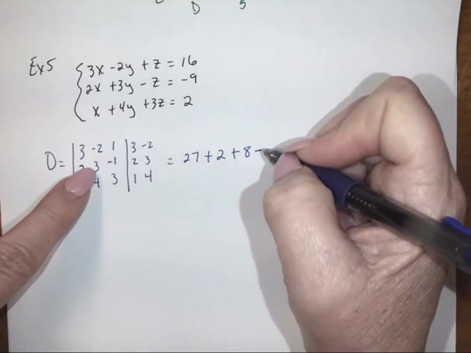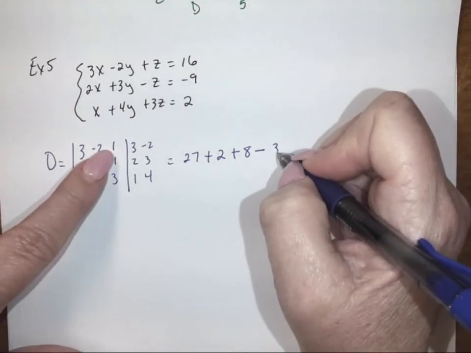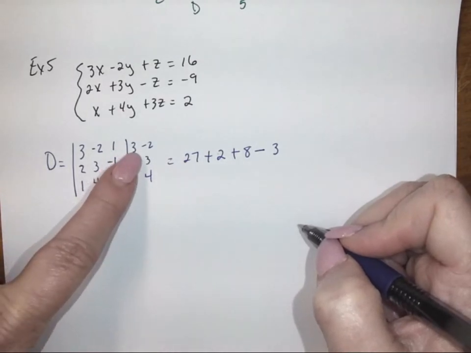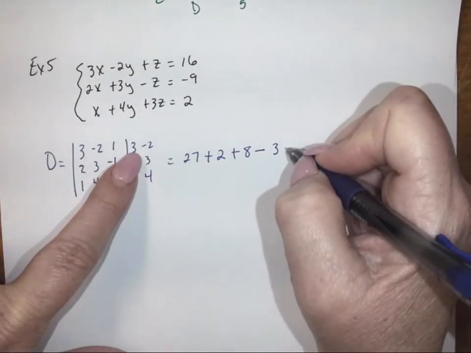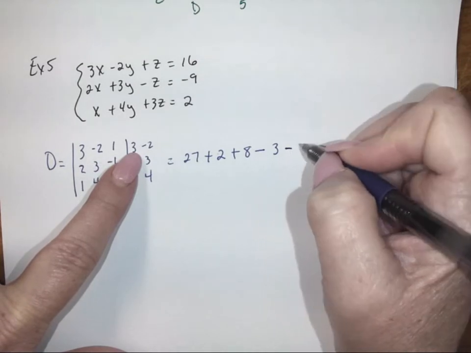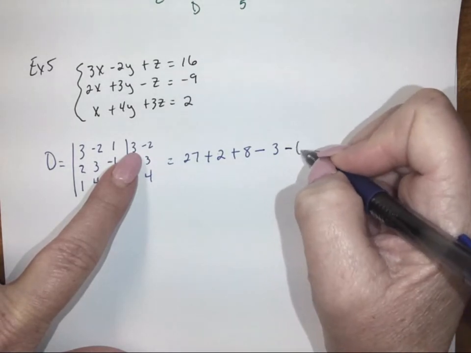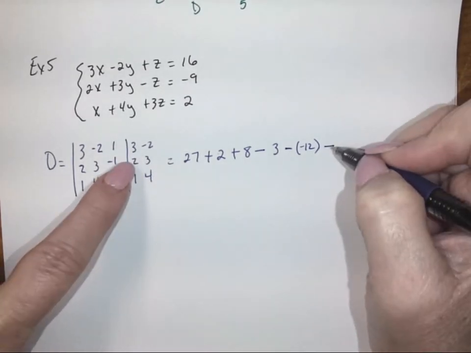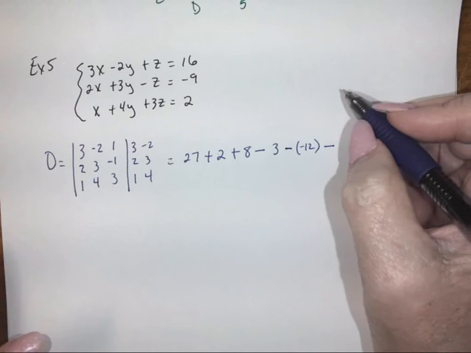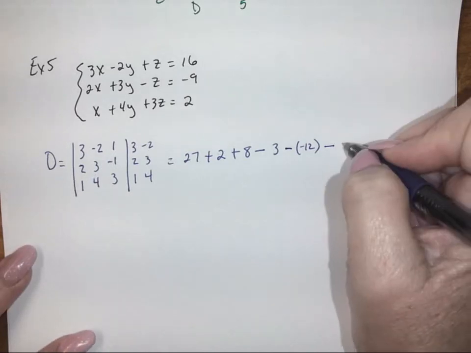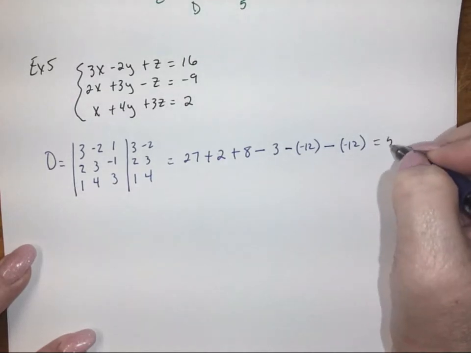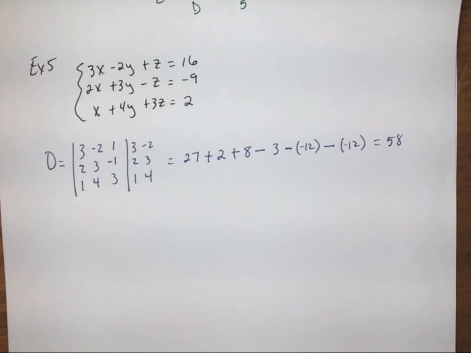Minus 1 times 3 times 1 is 3. 4 times negative 1 times 3 is going to be negative 12, minus 3 times 2 times negative 2. And that will also be a negative 12. And when you add those together, you should end up with 58.